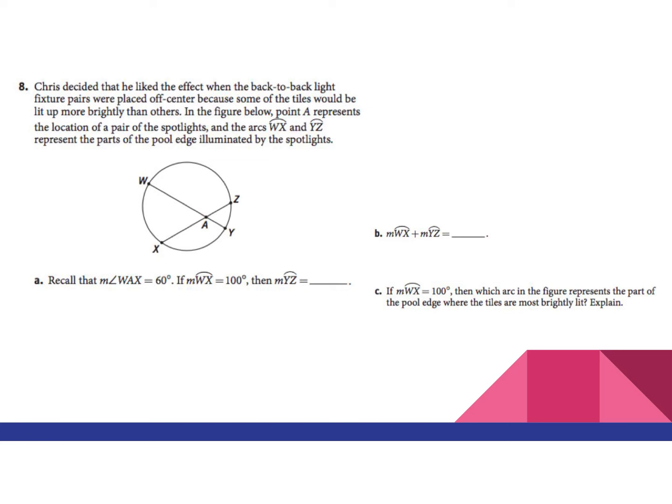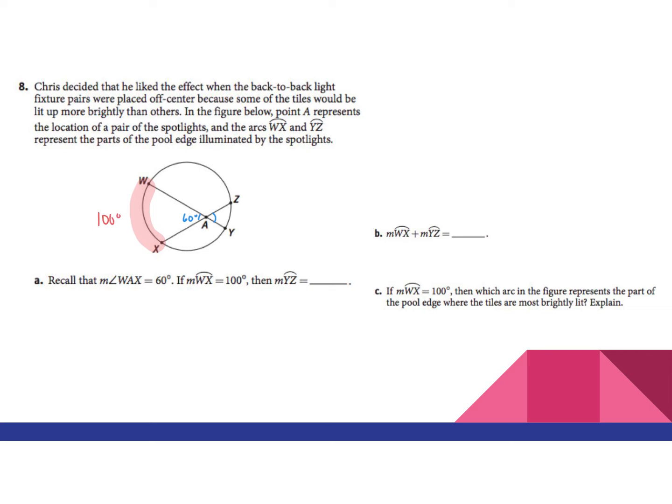Recall that the measure of angle WAX is 60 degrees, so let's throw that back into our picture. So this angle measure is 60 degrees, and this vertical angle will also be 60 degrees. They give us the measure of arc WX. So the measure of this arc right there is 100 degrees.